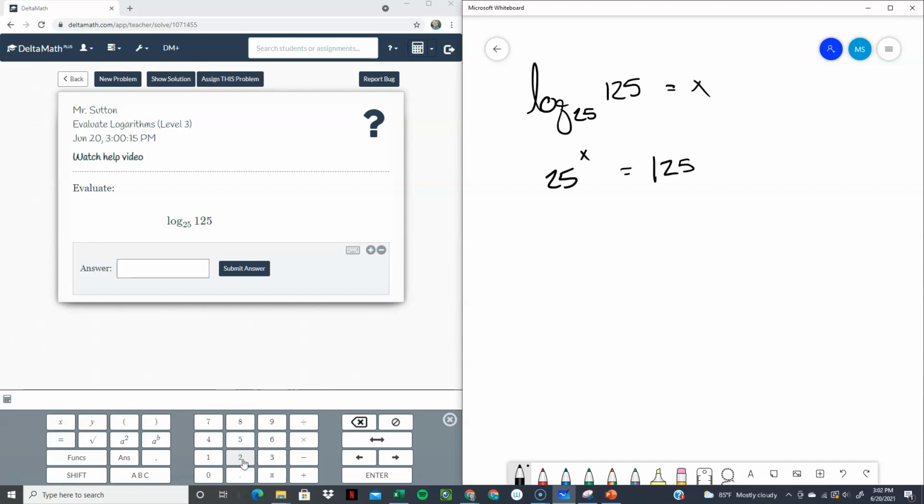I'm thinking I'll start with just 25 squared. 25 squared equals 625. Yeah, so squared is already a lot, so we're going to have to do some fractional exponents here.